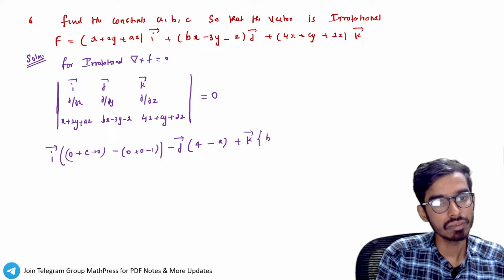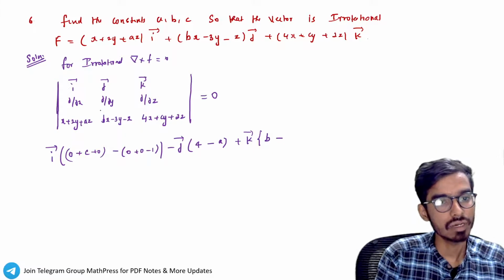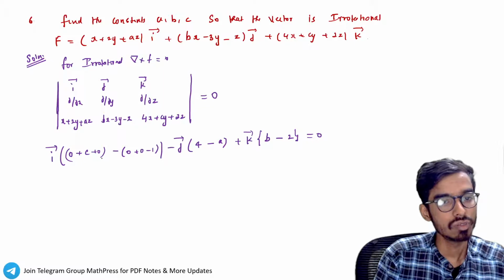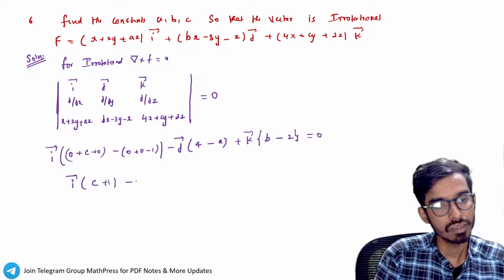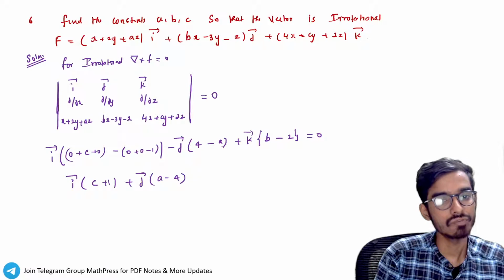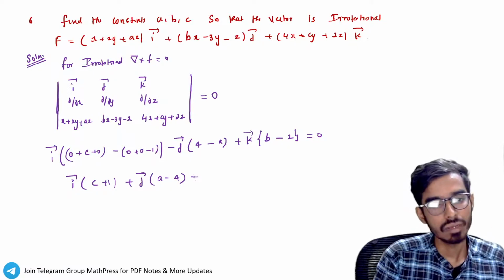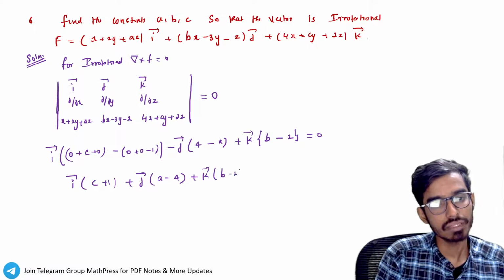This will be b minus dou by dou y of this, which is 2, equal to 0. So this will be i vector into c minus minus, so c plus 1. I'll write plus j vector into a minus 4, right? I'm just interchanging this. Plus k vector into b minus 2 is equal to 0.